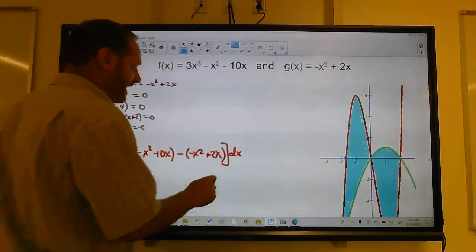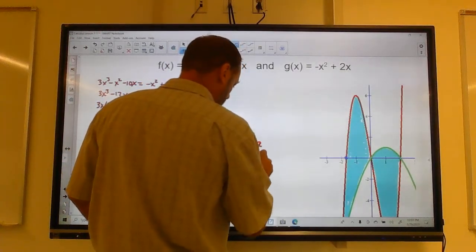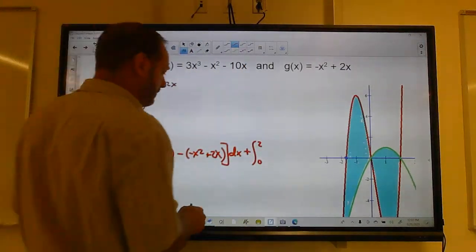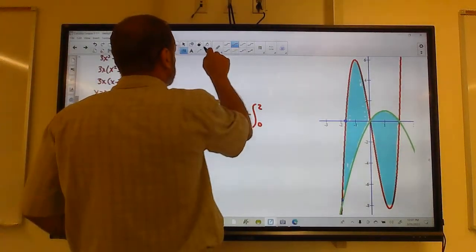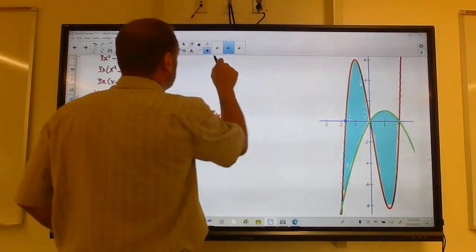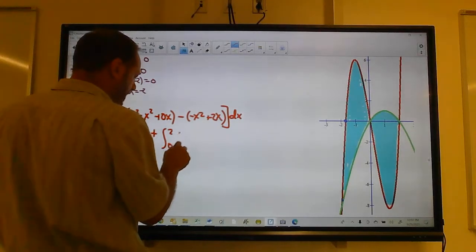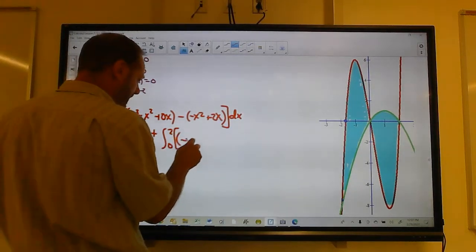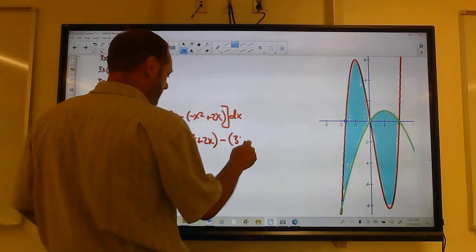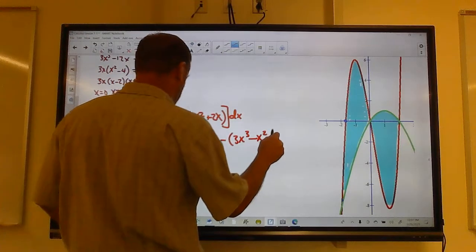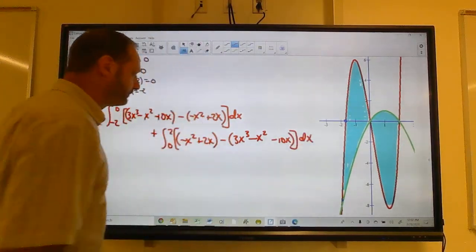And then we're going to add to that the integral from 0 to 2. We're going to switch these around now. And I don't look like I'm going to have enough room here, so let's write it down here, plus the integral from 0 to 2 of negative x squared plus 2x minus 3x cubed minus x squared minus 10x dx.